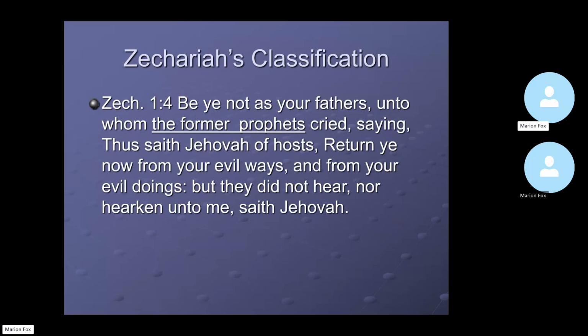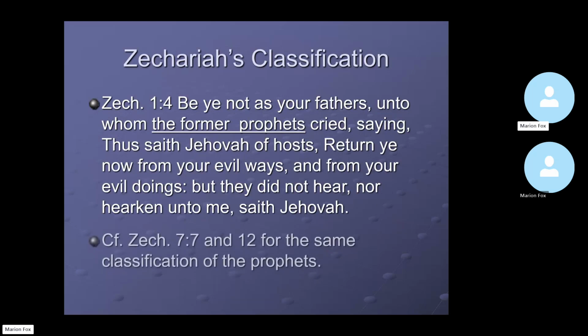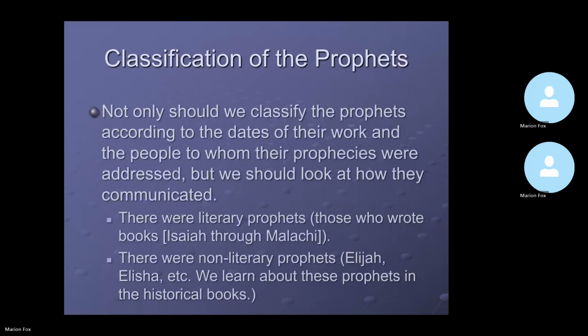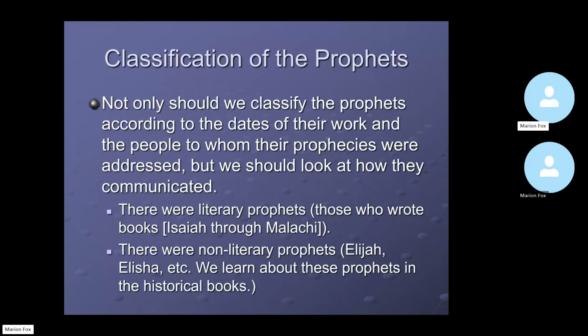Yahweh may be a better translation of the word Jehovah. So right here now, he lists the former prophets, and he, of course, is one of the latter prophets. So in Zechariah 7:7 and 7:12, we have the same classification of the prophets among the former prophets. Of course, that would fit in because he's one of the last of the prophets.